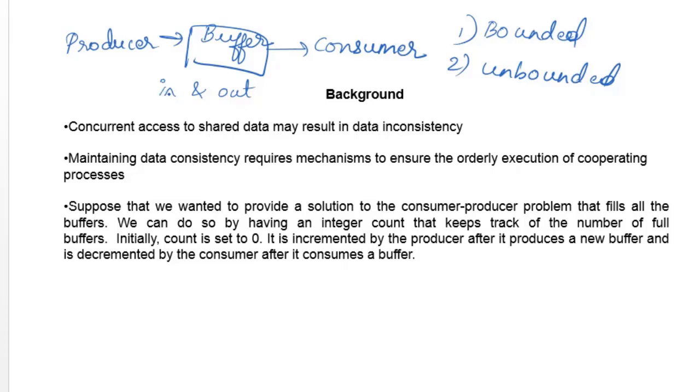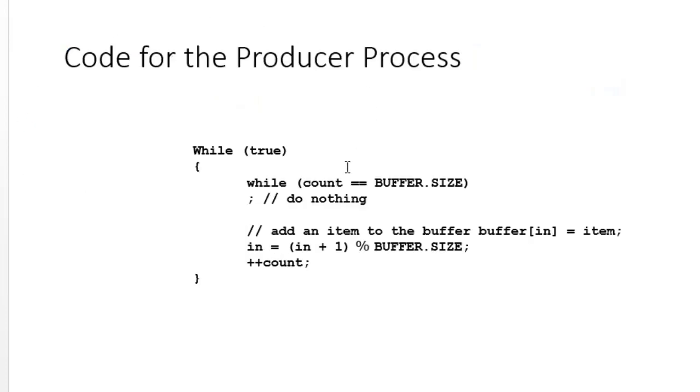The producer process has a local variable called next produced. If we see the code, we will understand. There is a local variable used here called item.